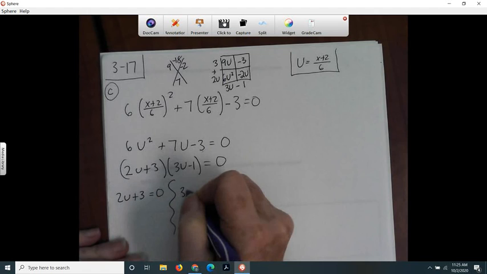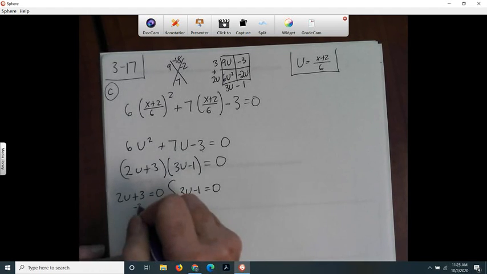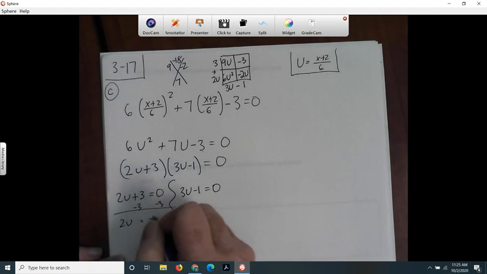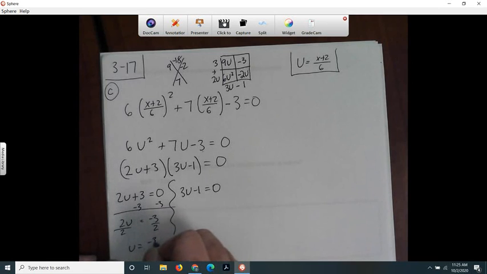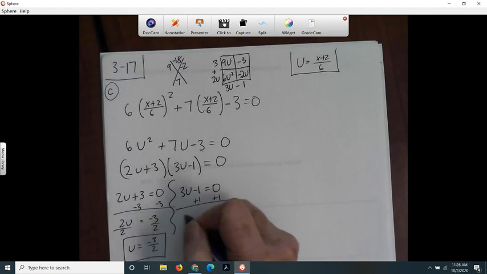Set them both equal to 0. So u equals negative 3/2, and then u equals 1/3.